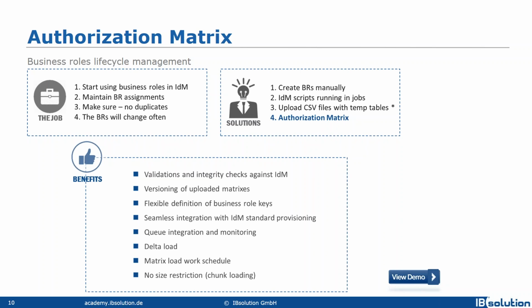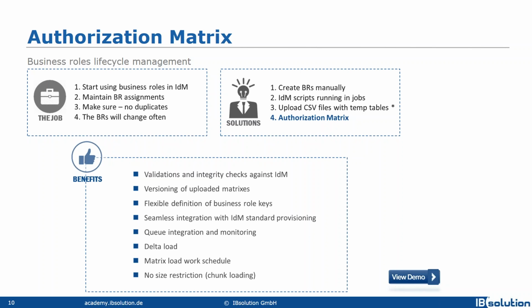There is also a delta load, so you don't have to upload a new matrix every time, rather just make the changes you would like to make to that matrix and then save it. This is quite beneficial because we have customers with matrices ranging from 70,000 lines of privileges for different business roles to also hundreds of lines.